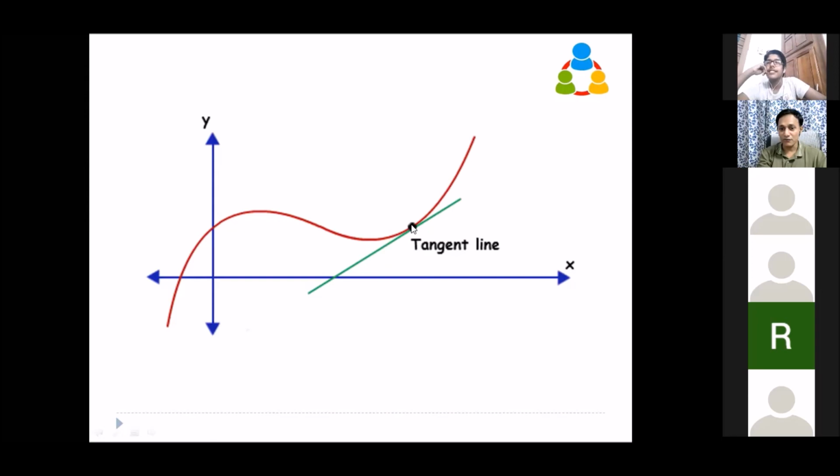A tangent to a curve at a point is something which you draw like this. For a circle, at one point you can only draw one tangent. Now why is tangent called slope?